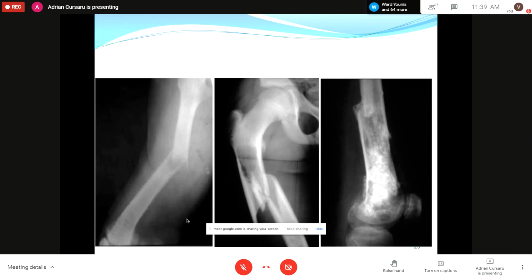In the second image, we see a comminuted fracture with a big osteolysis on the shaft of the femur. And here we have another example of osteocondensation lesions. You can see here, and it is very important to see that fracture on a pathologic bone.